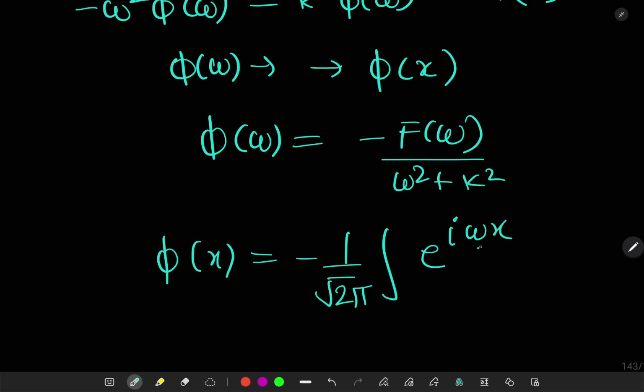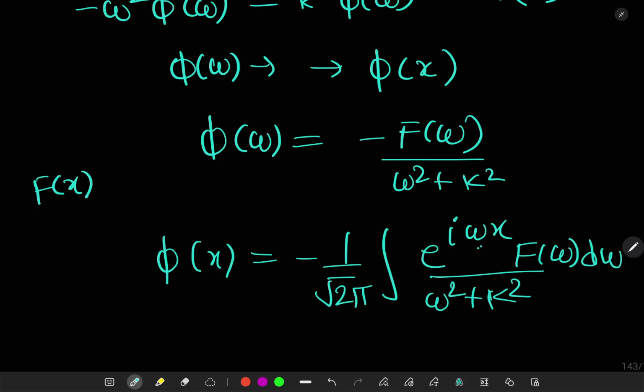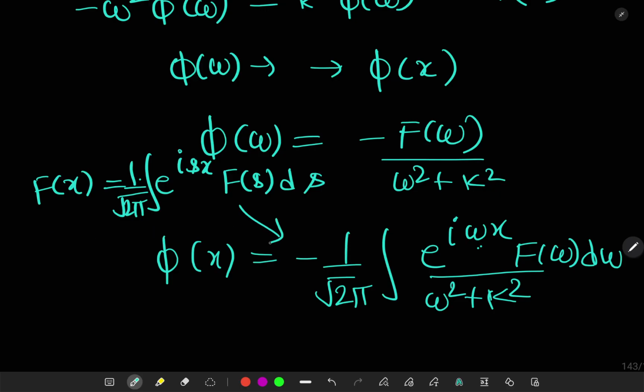Here s is omega, so this becomes this. Here f of x is equal to 1 by root 2 pi integral e raised to power iota s x f of s ds. Here using this formula we can write this.